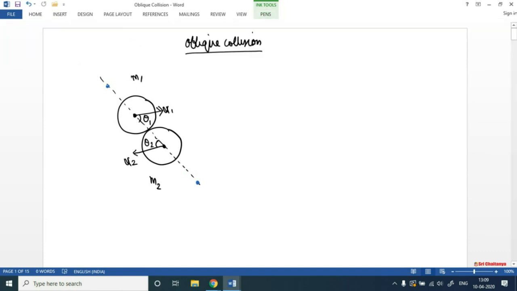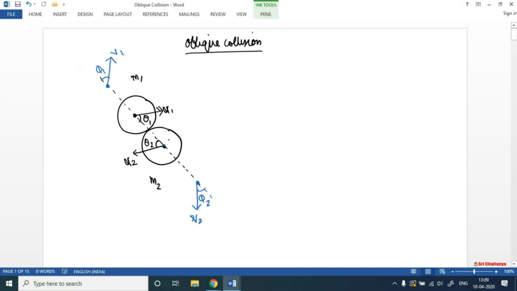Let's say this moves with velocity v1 and this moves with some velocity v2, and say this angle is phi 1 and this angle is phi 2. So how are we going to get the condition just after the collision? That is very simple. Two equations we will be writing here.